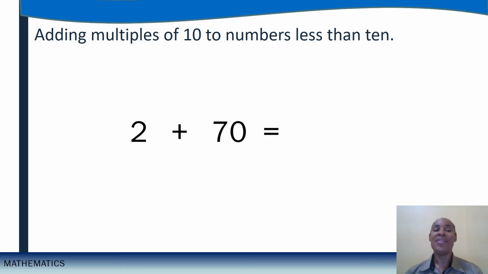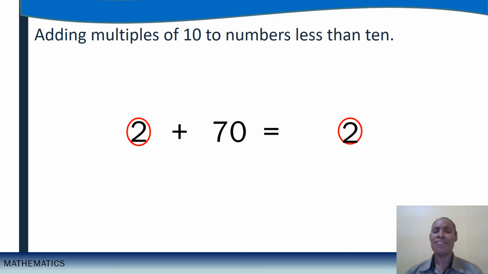If you use the same strategy we used earlier, you would have noticed that in the number 70, we have 0 in the ones place. And 0 ones added to 2 ones gives us 2. And we have 7 in the tens place.